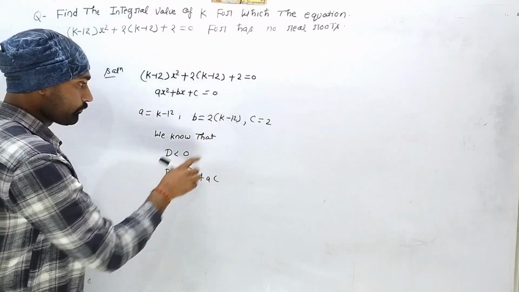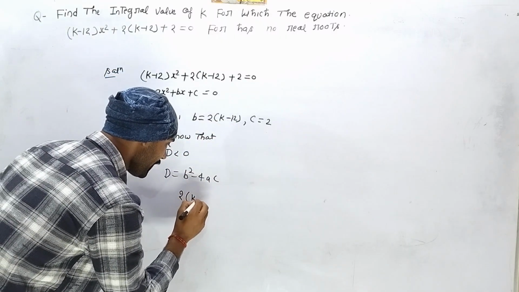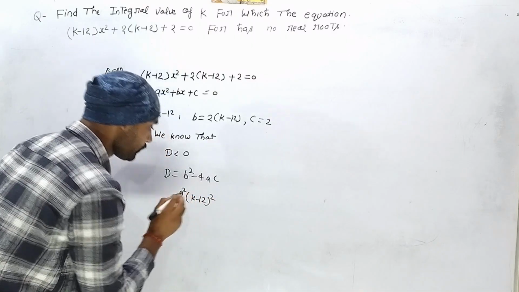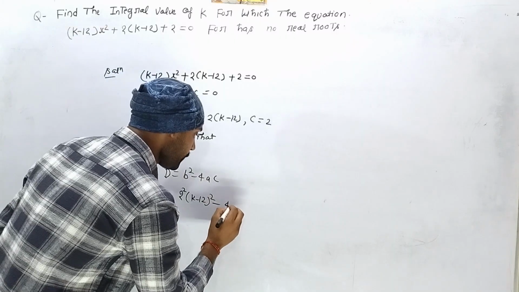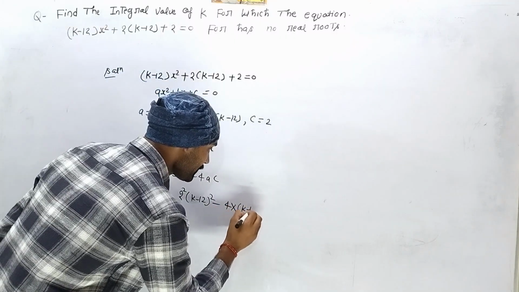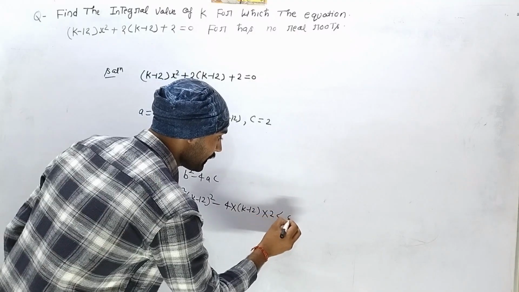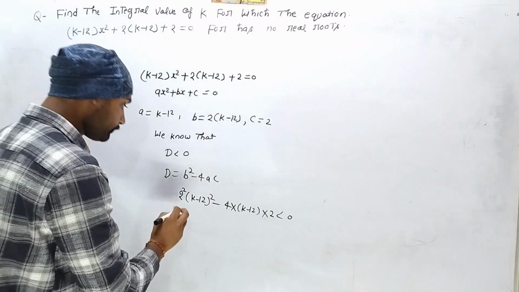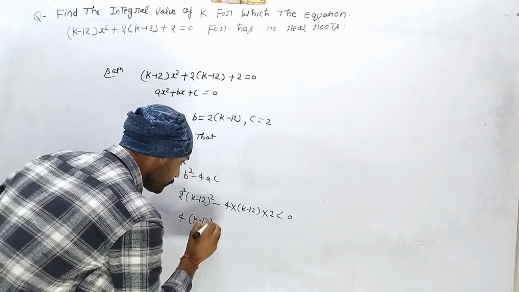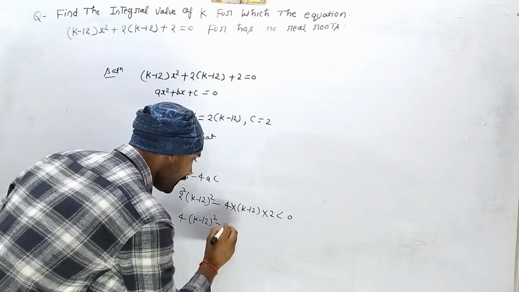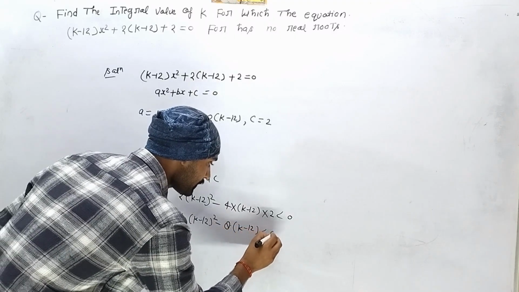The b value is 2(k minus 12), so 2(k minus 12) whole square minus 4ac, with the value of a as k minus 12 and the value of c as 2, less than 0. Opening the square, we get 4(k minus 12) square minus 4 times 2 times (k minus 12) less than 0.